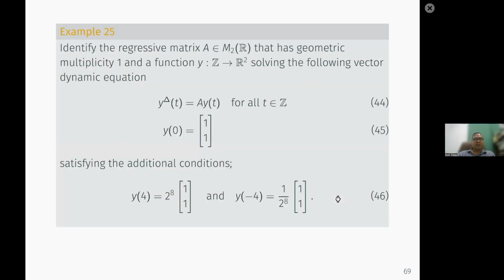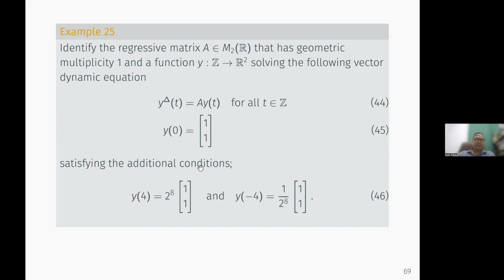Then we can also take this example where we want to identify the regressive matrix A, which has geometric multiplicity 1, and a function y which solves this vector dynamic equation: y del t is A y(t), and y(0) is given by 1, 1.